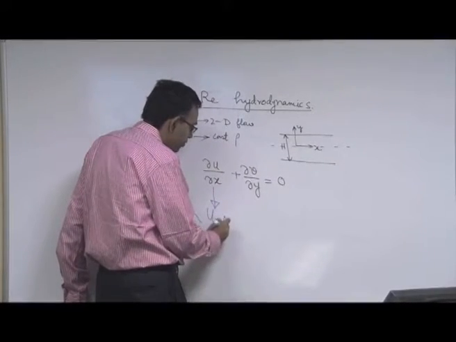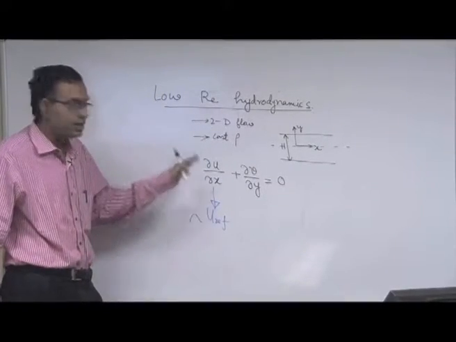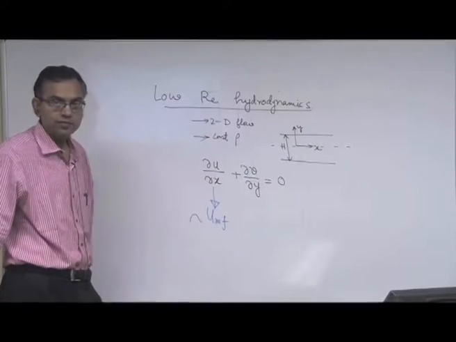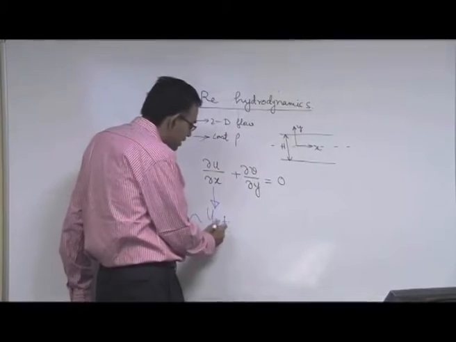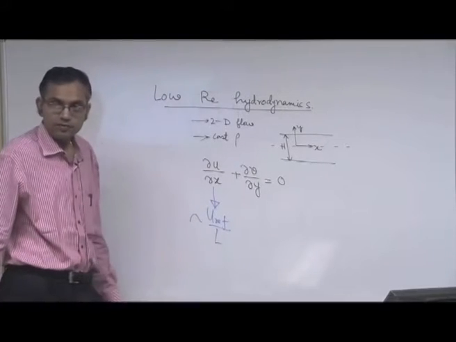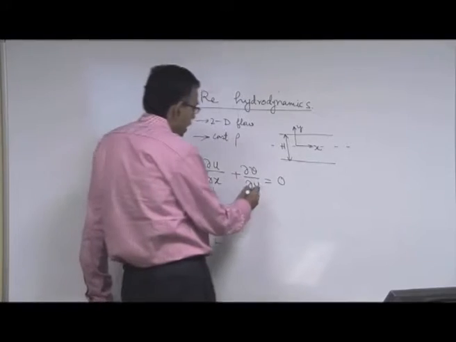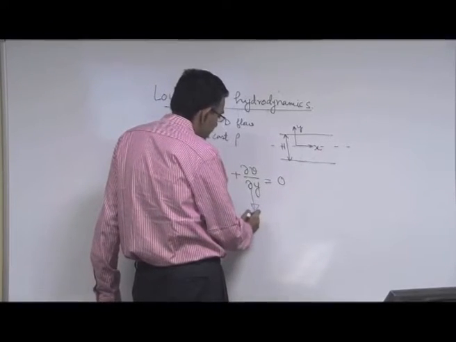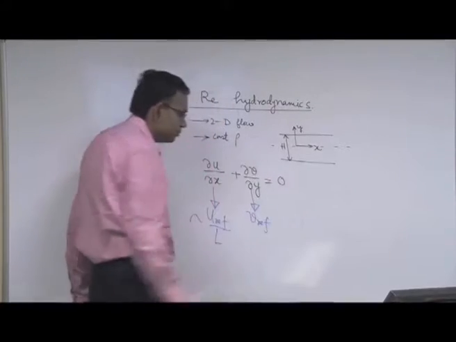Let us say u reference is the maximum velocity along x, okay, and let us say that L is the axial length of the channel, and let us say V reference is the velocity scale.